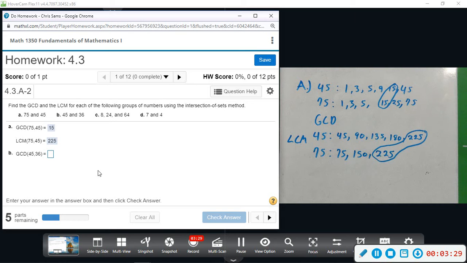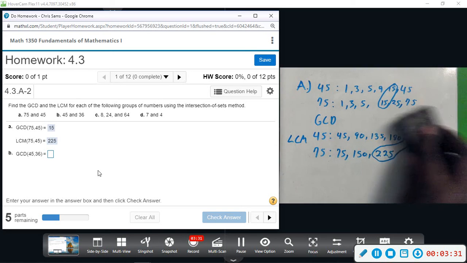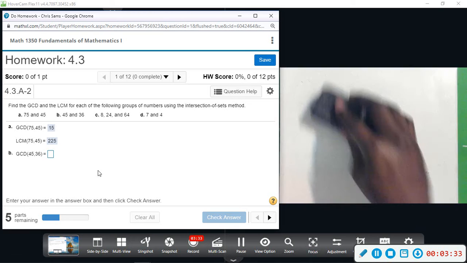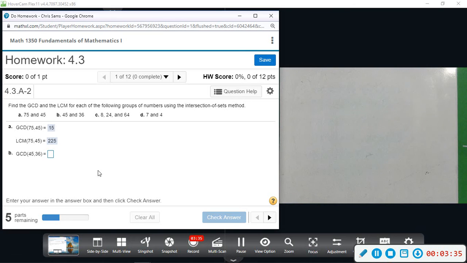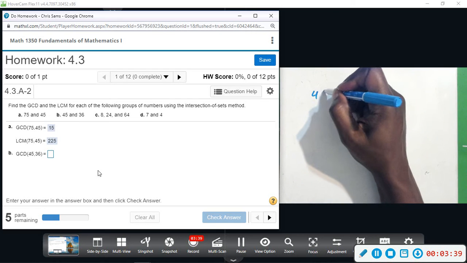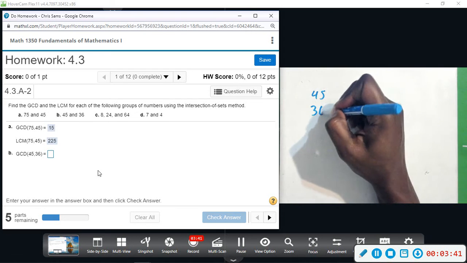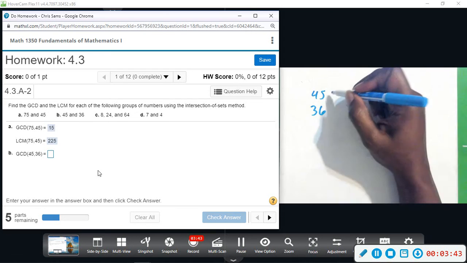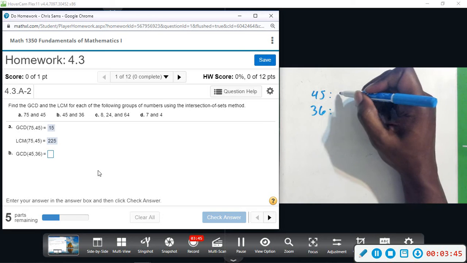Now we're going to do 45 and 36. So what are the factors?